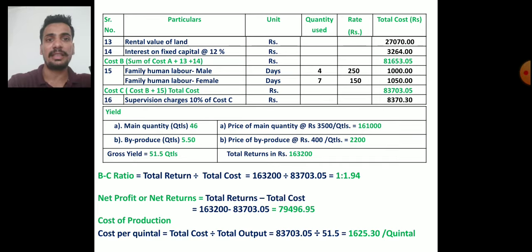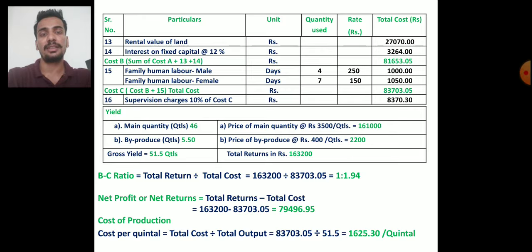Now see, in the yield column, while calculating rental value of land, we have to calculate the gross return. So for main quantity, we have to mention the main yield or main produce, that is 46 quintal, and by produce is 5.50 quintal. So there is no particular formula to calculate the by produce. Keep in mind, mostly RAWE 7th semester students calculate by produce by different formulas. There is no formula for calculating the by produce.